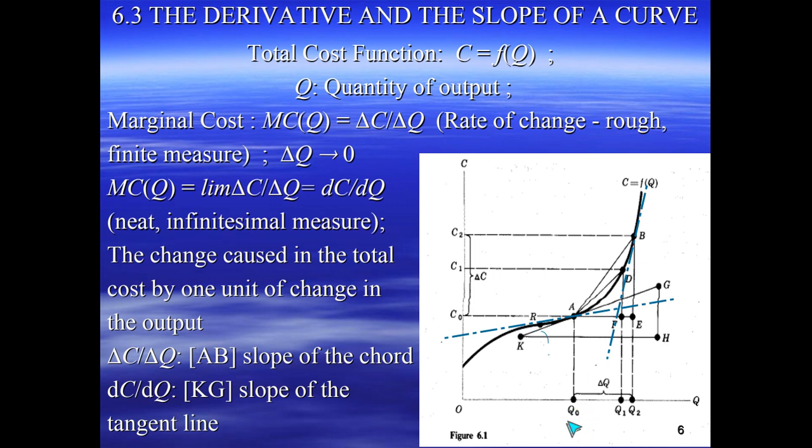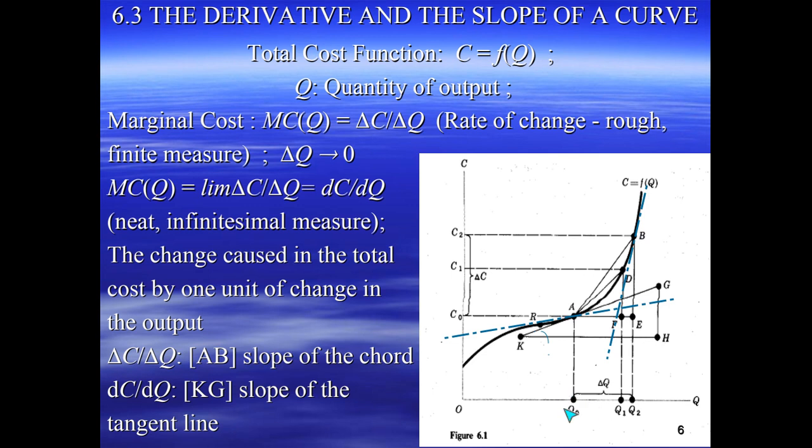When we start from the initial equilibrium Q0, C0, which is the point A, we have a change in Q, which is denoted by delta Q. Q goes from Q0 to Q2. There is a change in the quantity produced. We produce a little bit more, more apples, for instance.